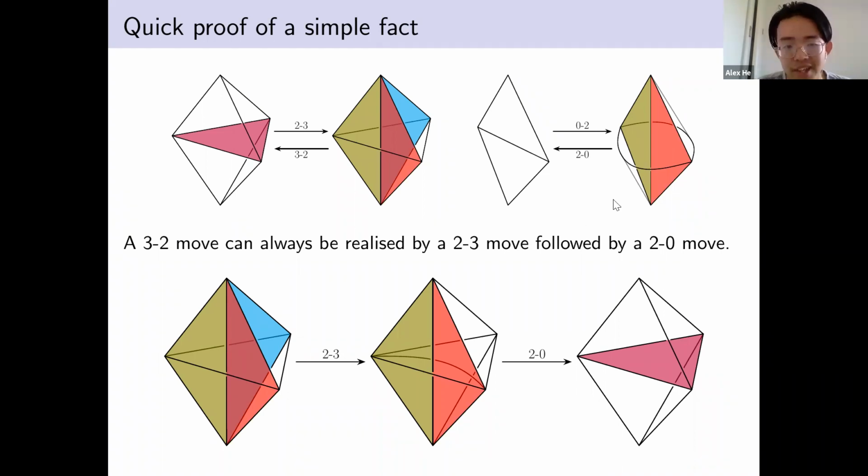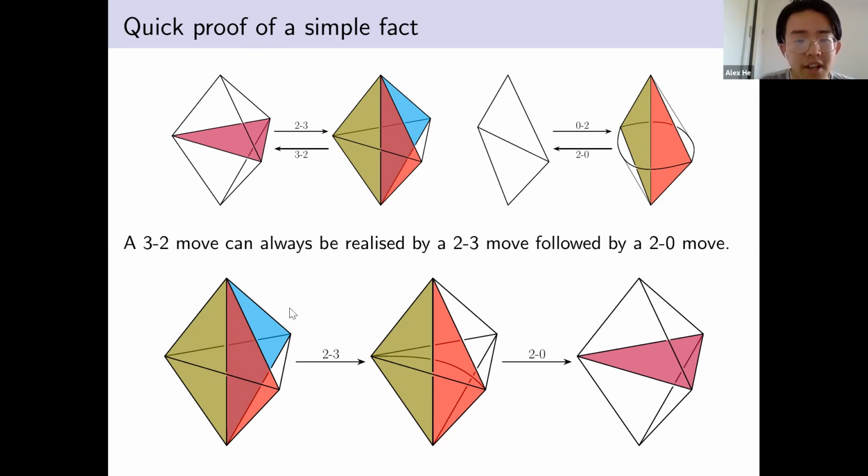To convince you that this is a 2-3 move, look at what happens up here. You've got these two adjacent tetrahedra, and if you just look at the edges, you have the same edges, but you introduce a new diagonal edge that goes across.